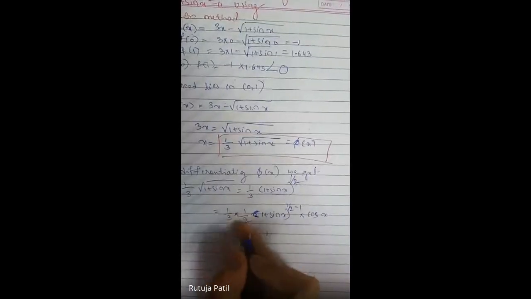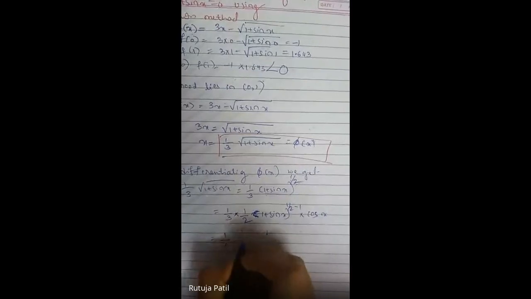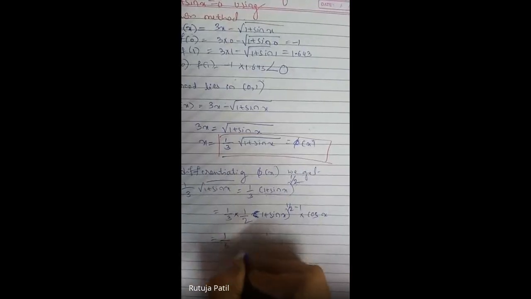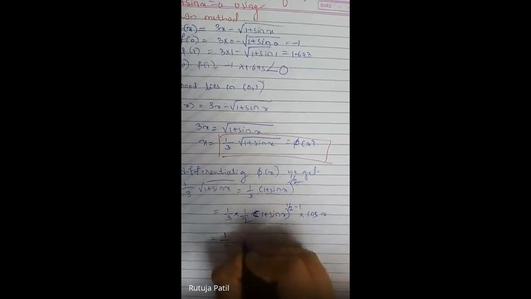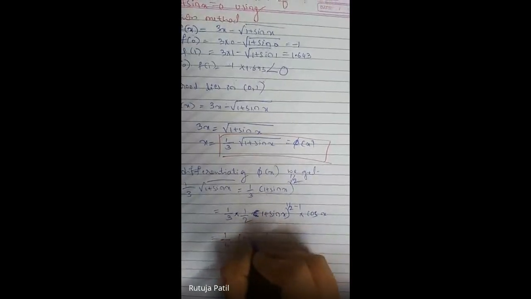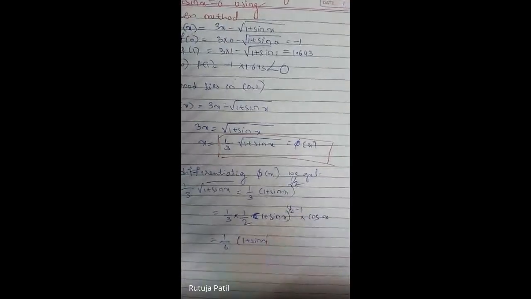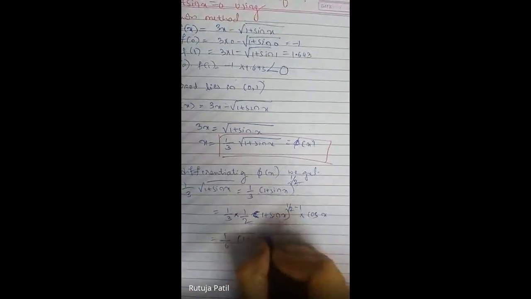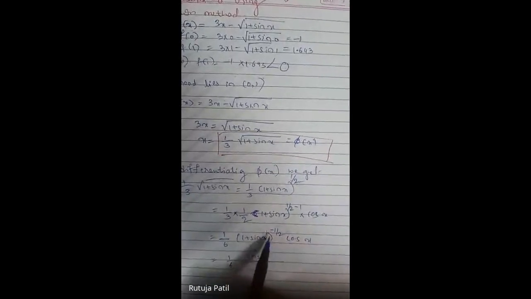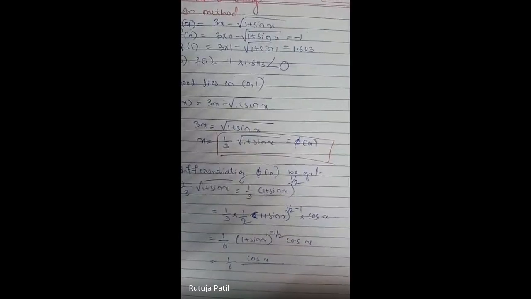Now this is 1 by 3 into 1 by 2, which is 1 divided by 6, and then 1 plus sine x to the power 1 by 2 minus 1, which is minus 1 divided by 2, into cos x.